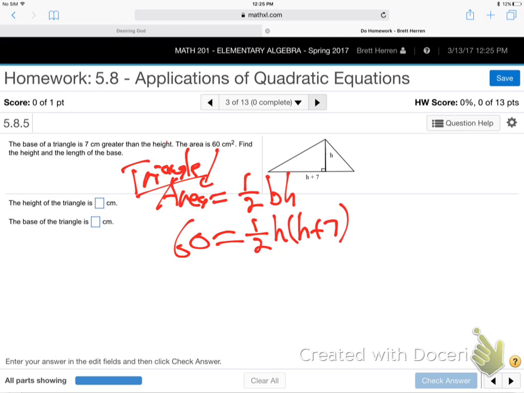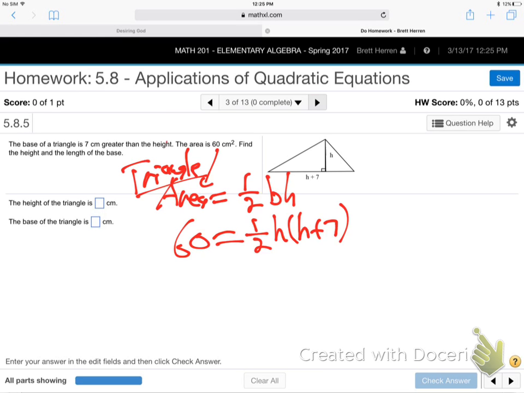Now, how am I going to solve that equation? Yeah, we got to get a 0. But first off, you know what I got to do? That half is a pain. I don't want fractions in there. They always cause trouble.